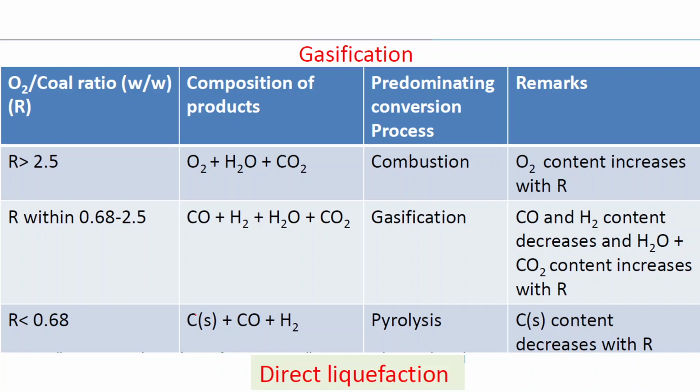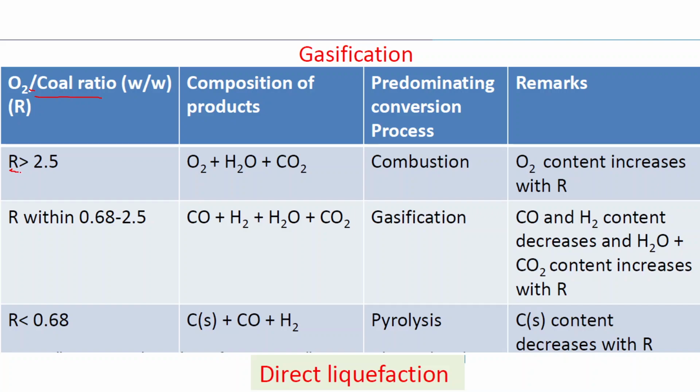So coming on to gasification, gasification is basically the conversion of this coal sample into various gases. There is one important factor which plays a crucial role in gasification, that is the oxygen to coal ratio. Basically, we use oxygen for the combustion of coal samples, so the oxygen to coal ratio plays a very important role.